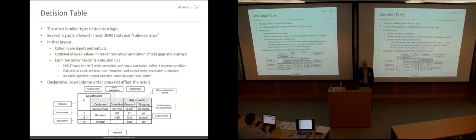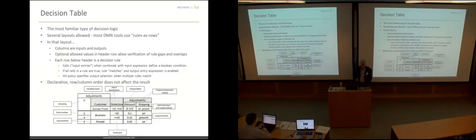The input cells in the rules are called input entries, and when you combine that with the header name, that defines a Boolean expression that could be true or false, and if all the expressions in a rule are true, the decision table selects the output expressions as the table output value.